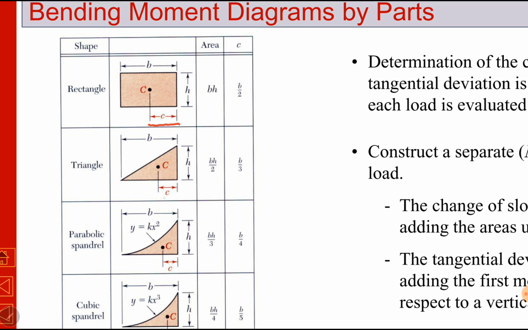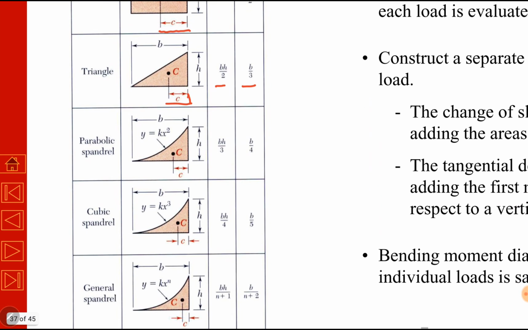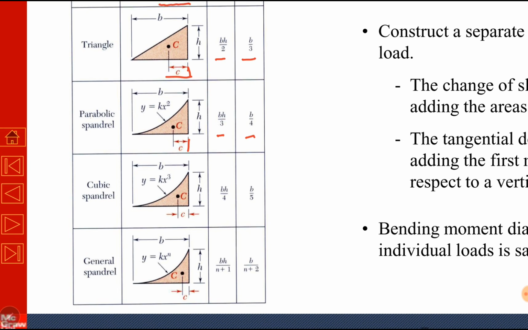Similarly for a triangle, this is the area, and this is the distance of the centroid from this vertical surface. Again, for a parabolic curve, here is the area under a parabola, and here is the distance of its centroid from this vertical line.